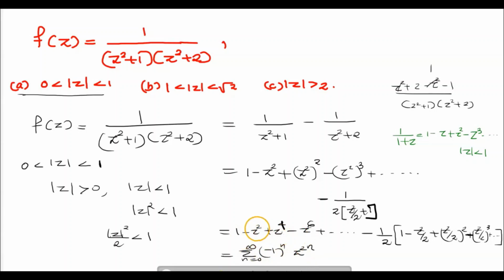This is all even powers. Z raised to 2n minus 1 by 2 series n equal to 0 to infinity, minus 1 power n, this is (z square by 2) all power n. So we can combine this.